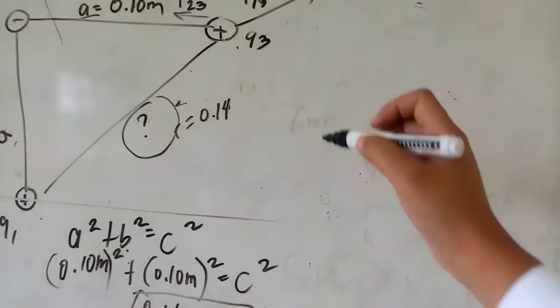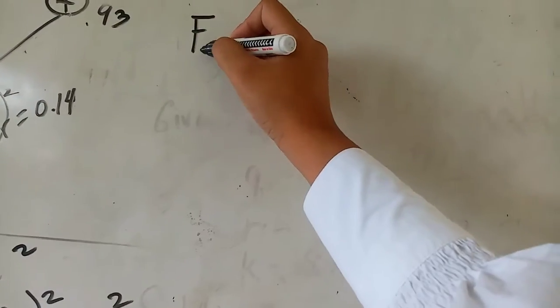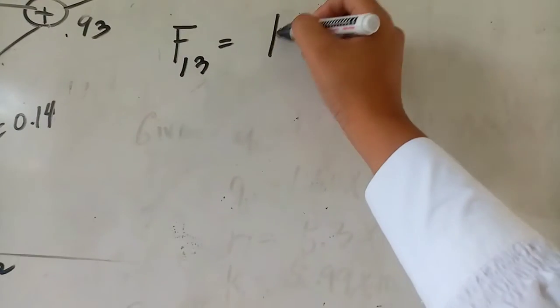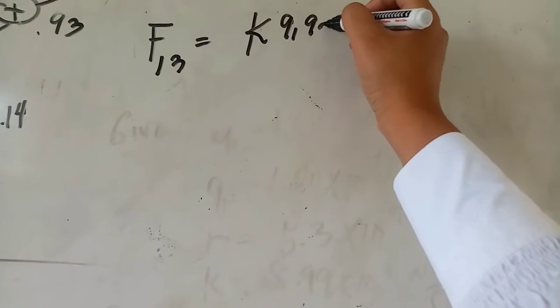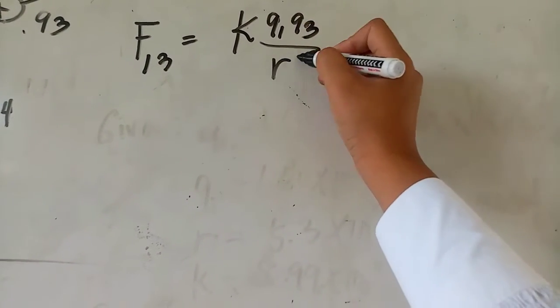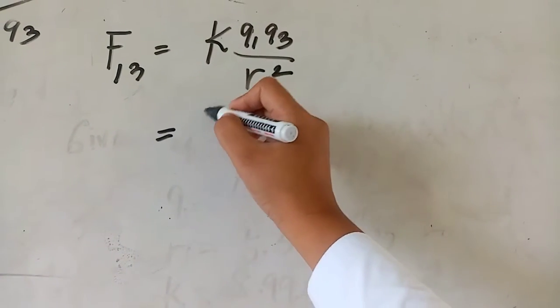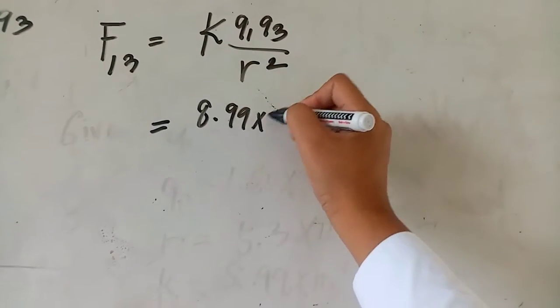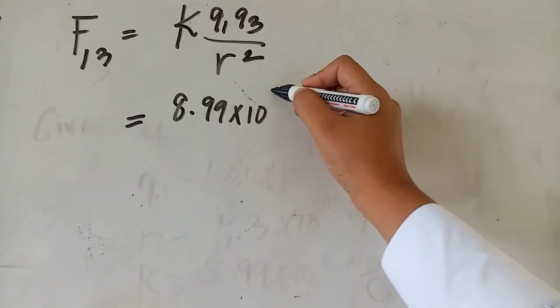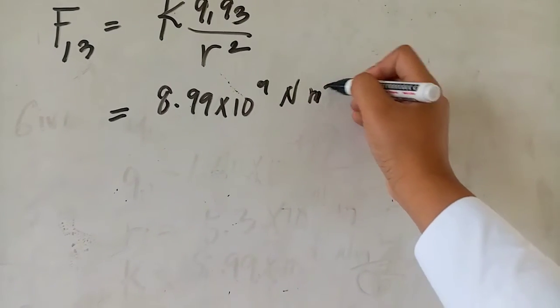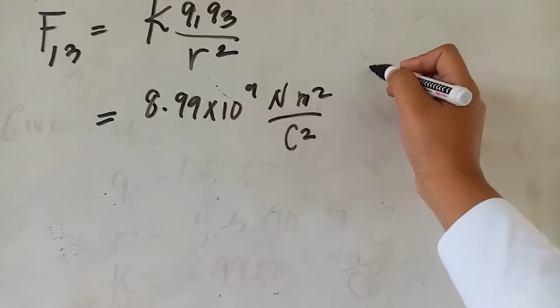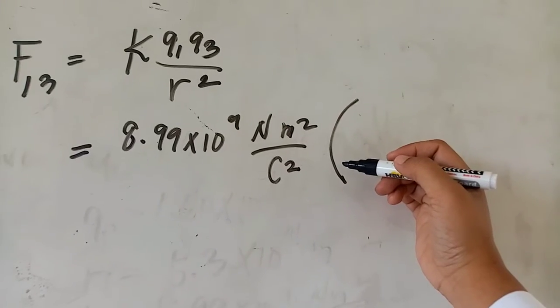So let's get the force of charge 1 onto 3. K times charge 1, charge 3 over the separation distance between them. So you'll have 8.99 times 10 to the 9 newton meters squared per coulomb squared times charge 1.